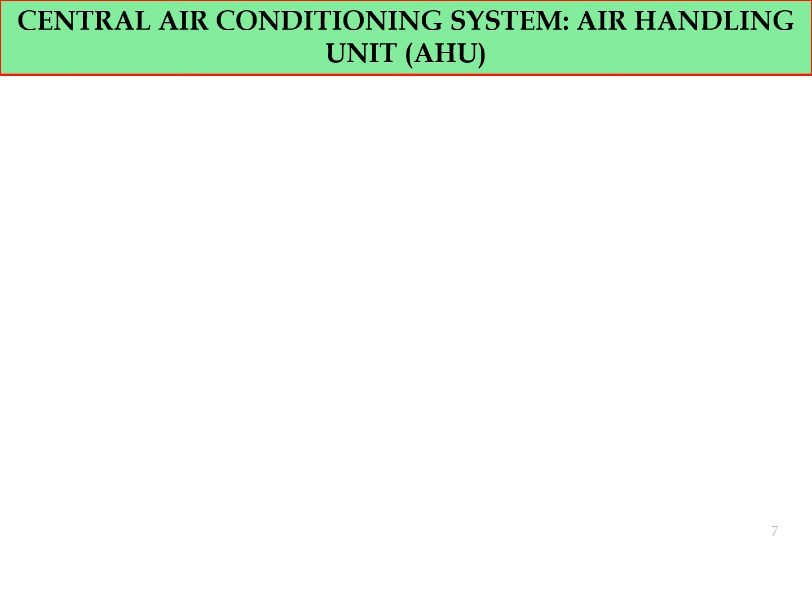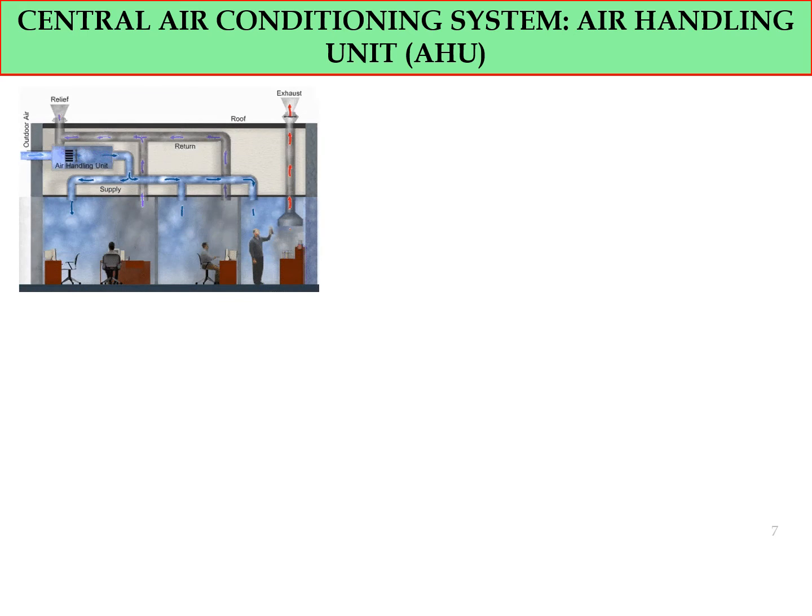Central air conditioning system, air handling unit. So this is a simplified diagram of the AHU along with the supply and also return duct. As you can see here, this is the air handling unit and this is the supply duct. And this is the return duct.